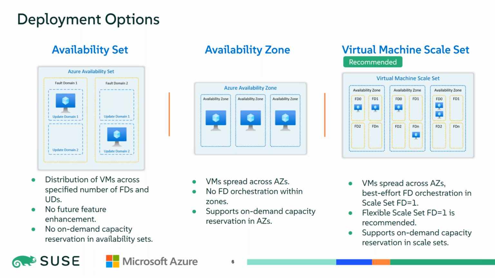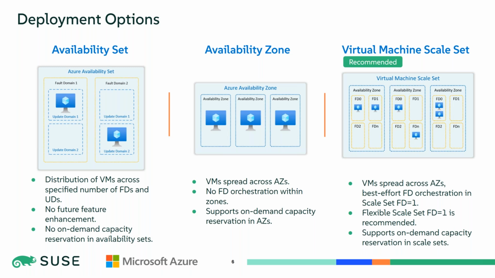Initially, when Azure was available to the customer, there were only regions with no availability zones. So when there was only a region, the customer could select a region and the VM would be deployed in that region. But now, in order to provide resilience for that application at the infrastructure level, because of hardware failure or platform maintenance issues, we introduced a construct called availability set.